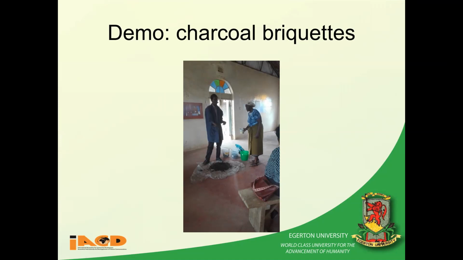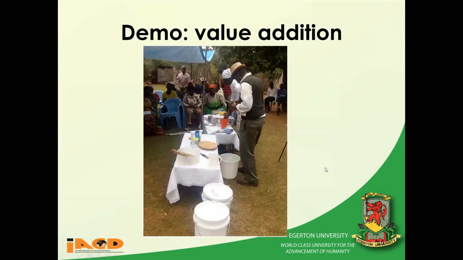So this is one of the simple innovations that we bring to them, like charcoal briquettes. Value addition. Here the students were showing them how to make some wheat products, just adding value that people can sell and also consume in their homes.